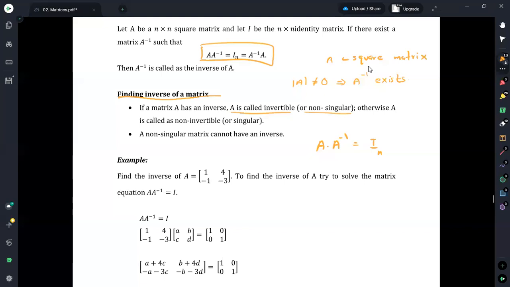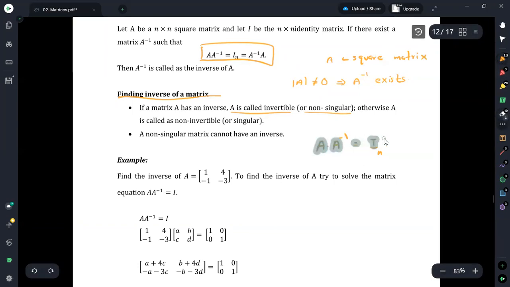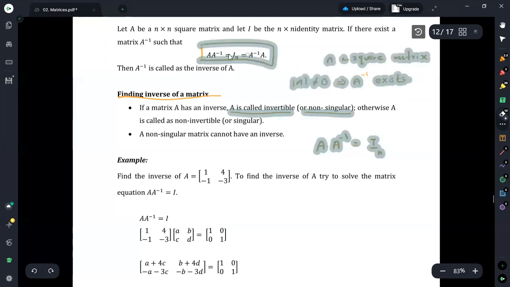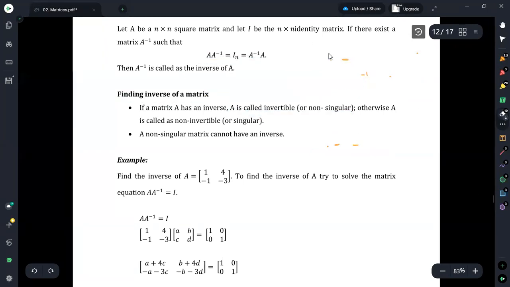Therefore, this multiplication is equal to the identity matrix of order n. This is the general rule for obtaining the inverse of any given matrix. In the last session, we discussed obtaining the inverse for a 2 by 2 matrix, and today we have to discuss it for a 3 by 3 matrix.